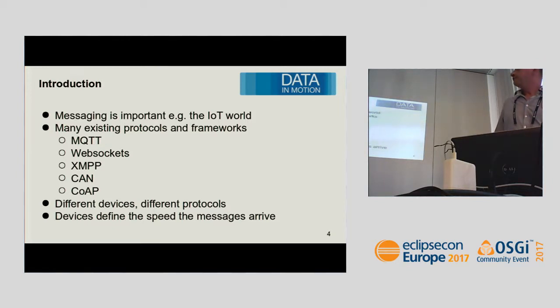We have protocols, for instance, just to name a few, MQTT in the IoT world, WebSockets, XMPP, and hardware-based messaging systems like the CAN bus and CoAP. The point is, every sensor defines the speed at which it provides data to us.